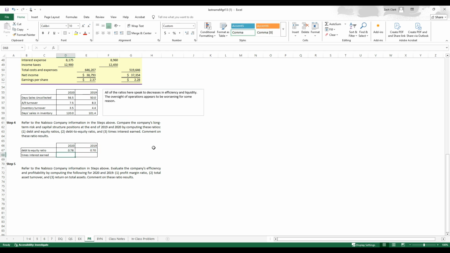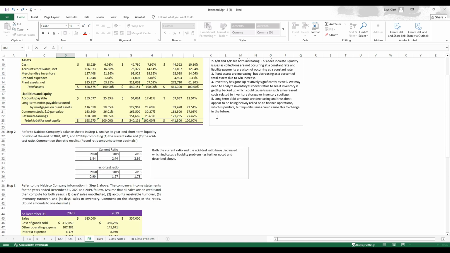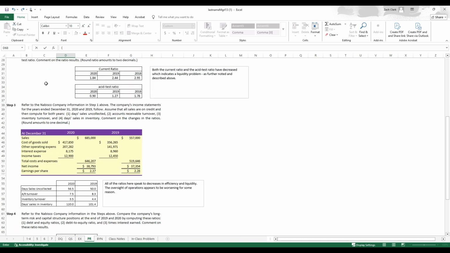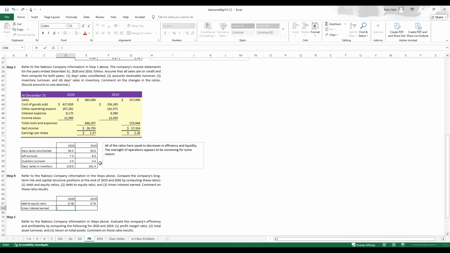Okay, now we want our times interest earned ratio. The term is EBIT, not debit, but EBIT, earnings before interest and taxes. I don't think we break out taxes in this one. Oh, we do. Okay, sorry.